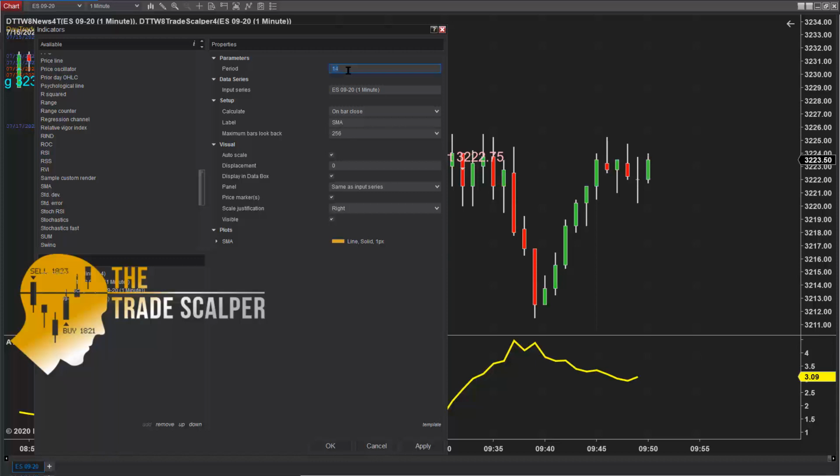I'm not trying to come up with values that curve fit historical data. As a trader, I need to have something that's universal, that will always work regardless if the market is slow or fast, or regardless of the chart that I use.